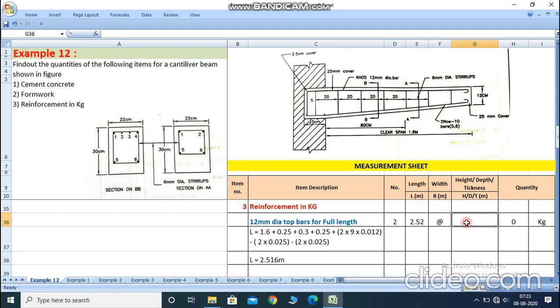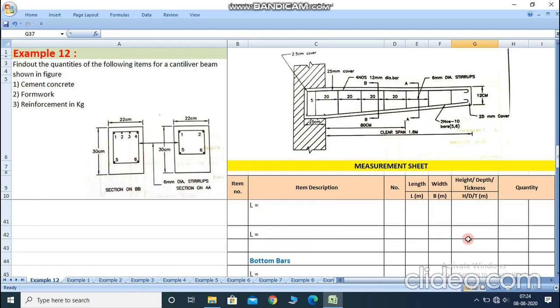Now here per meter length, weight of the 12 mm diameter bar is already given in the example. If not given, we calculate by the equation d square divided by 162. So here 0.89 kg per meter for 12 mm diameter bar. So here we write 0.89 kg. So total quantity of the 12 mm diameter top bar for a full length we calculated is 4.4785 kg.